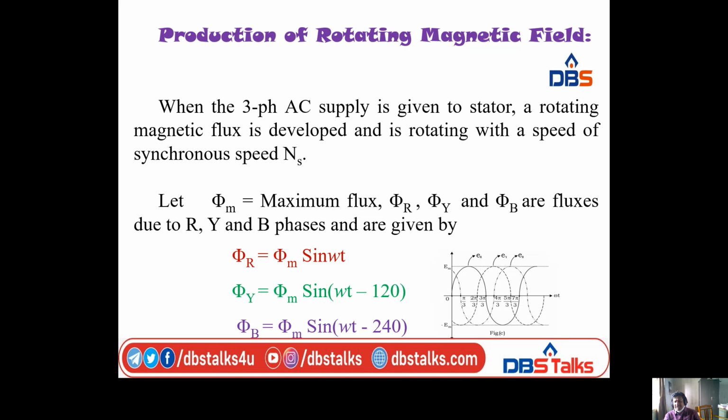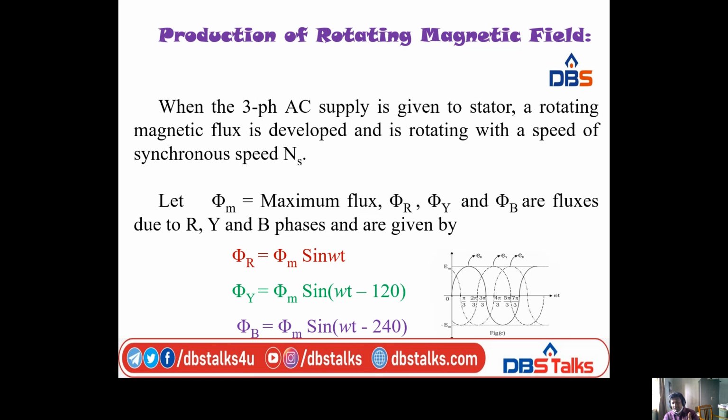Now we have to represent the waveforms with the equations. Phi r is equal to phi m sin omega t, generally sin omega t minus 0 degrees. Why? Because the R phase is taken as the reference, that's why the phase angle of R phase is 0 degrees. After R phase, 120 degrees later, the Y phase is introduced. That's why phi y is equal to phi m sin omega t minus 120 degrees. Similarly, the B phase starts after 240 degrees from R phase.